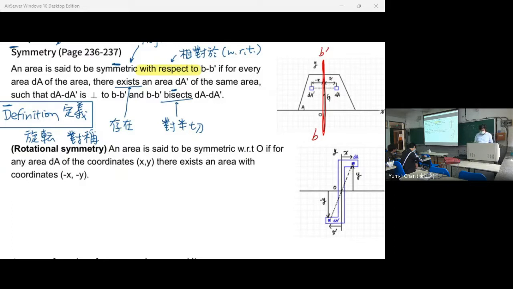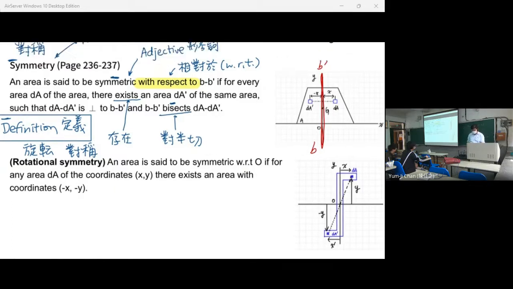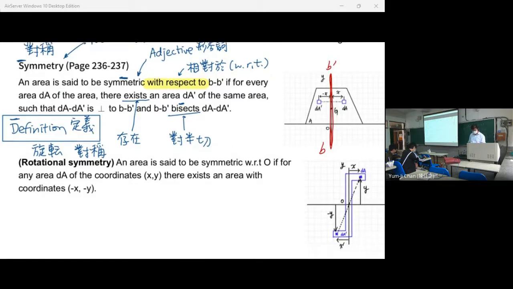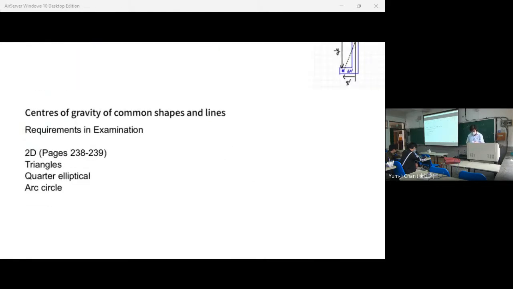After these definitions, take your time to write this down, and after that we will go to something you need to memorize in the examination. Now we go to the next part: the center of gravity or centroids of common shapes and lines.